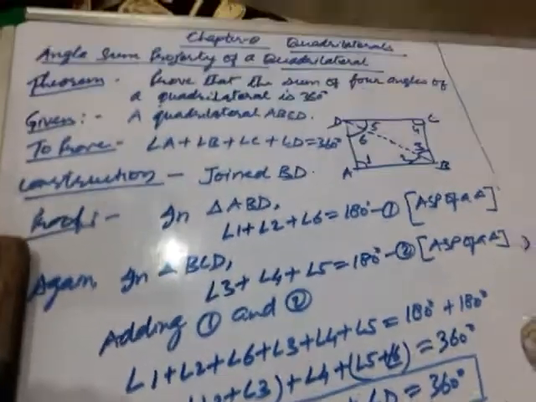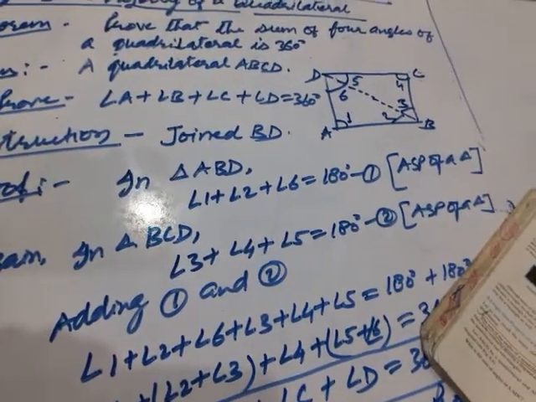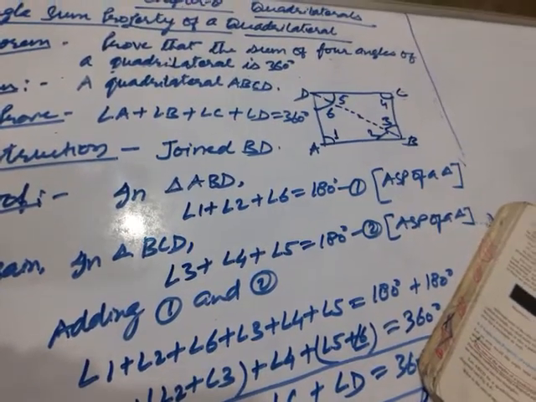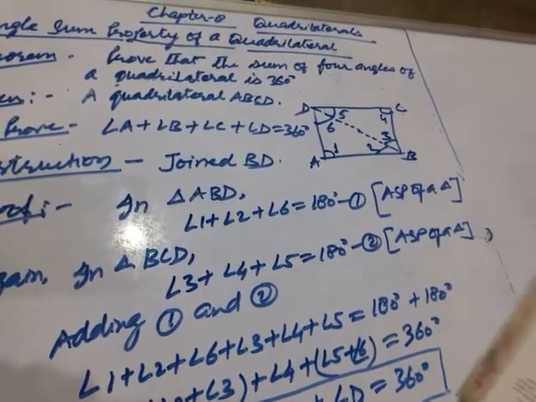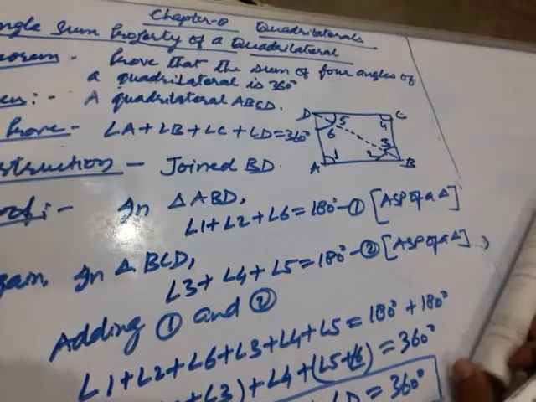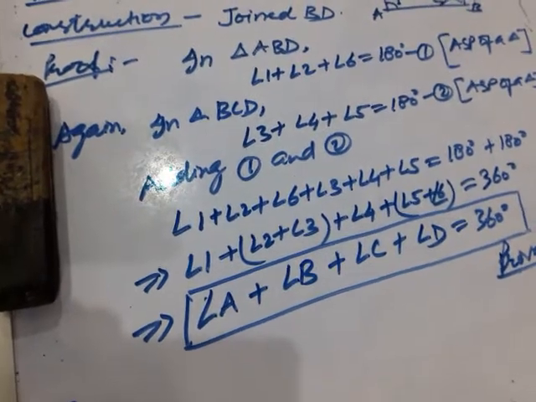Okay, now children, let us move to the next important theorem, that is, types of quadrilateral you have seen. Now properties of a parallelogram. Let us see properties of a parallelogram.